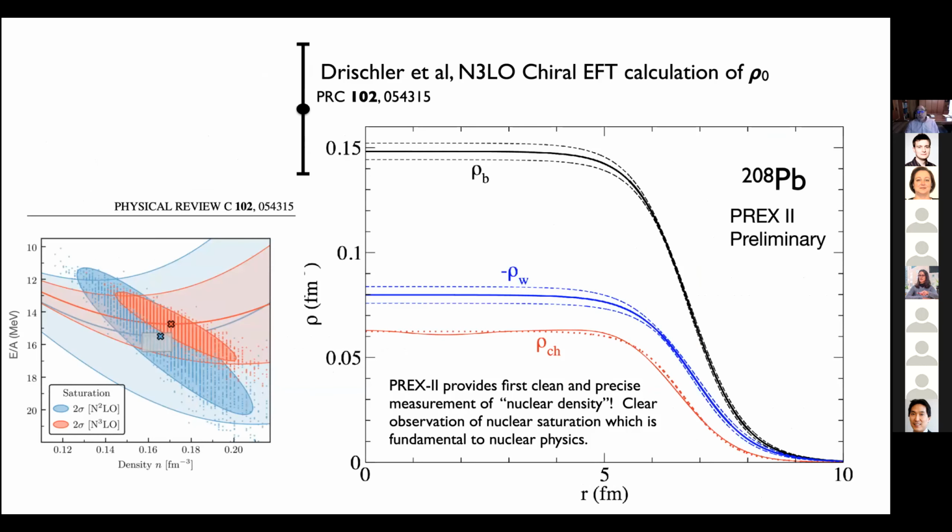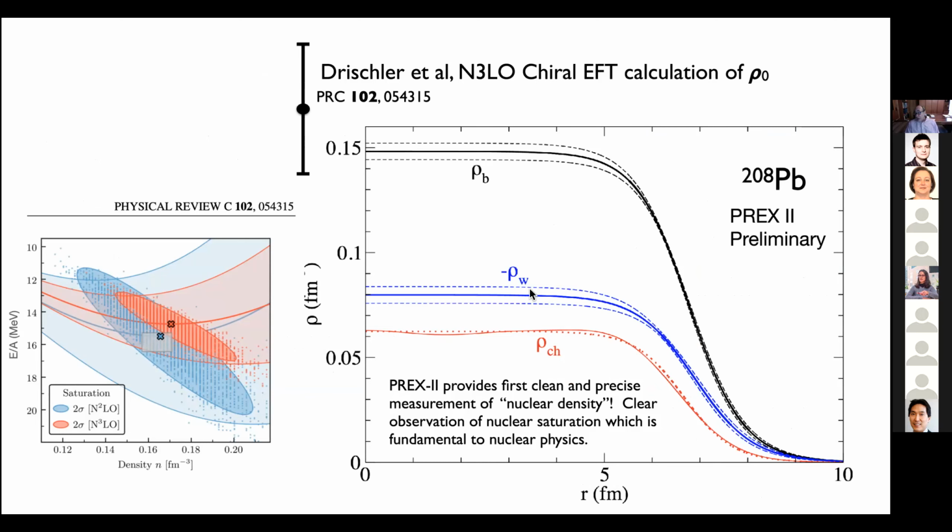And so let me show you that picture. The red curve is Ingo's experimental charge density for lead. The dashed line is a Fermi function fit to Ingo's density.